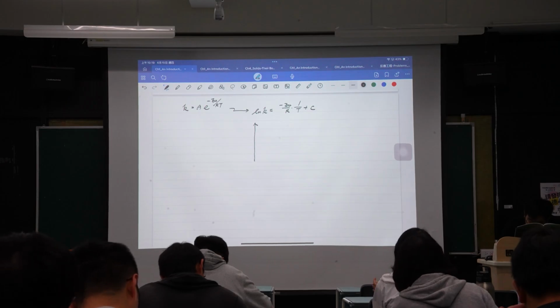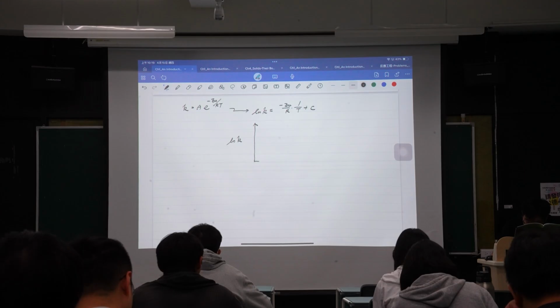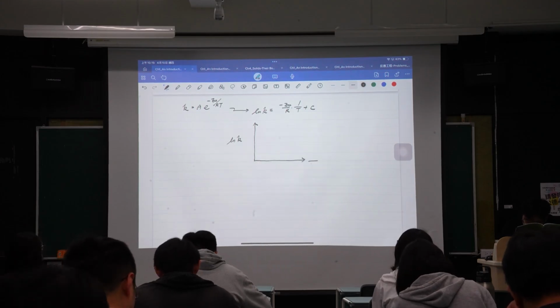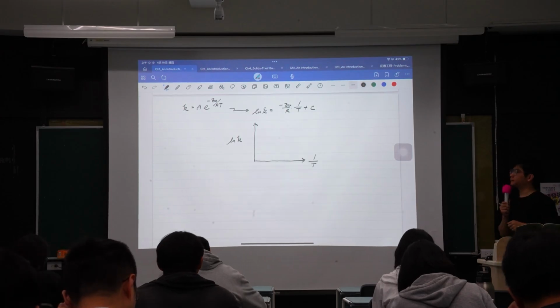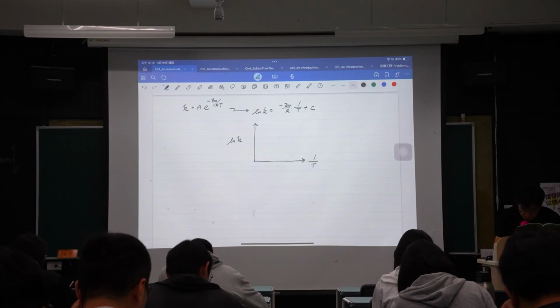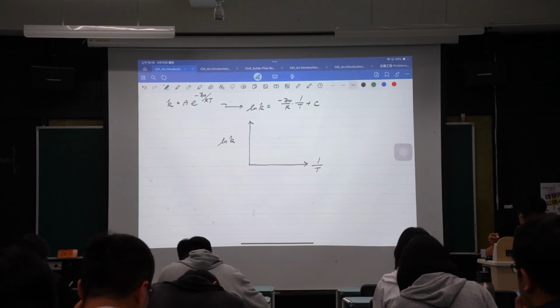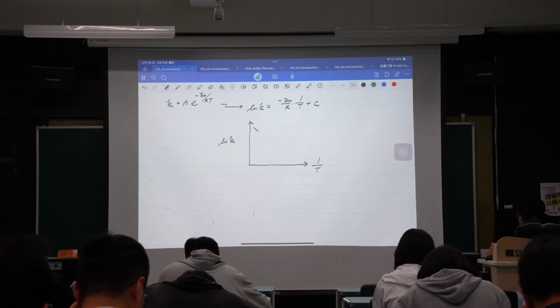The y-axis is ln k, the x-axis is 1 over T. Okay, so now you have two curves.